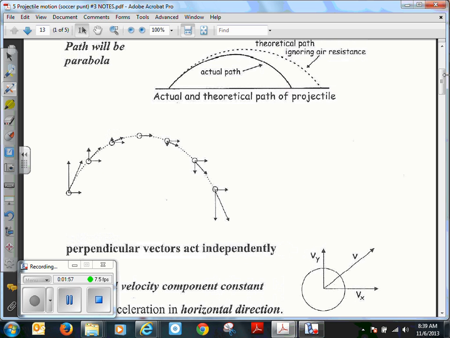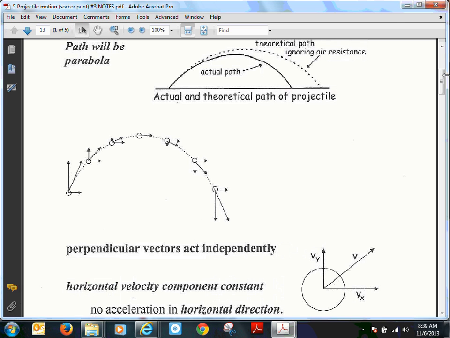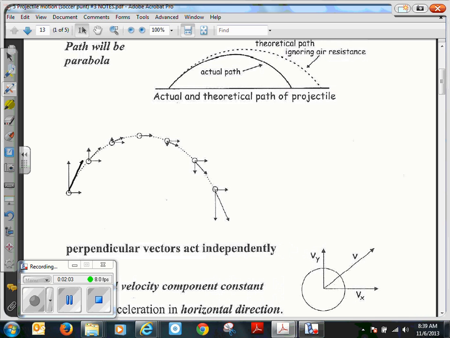Okay, so let's look at this picture here. This is a real important picture. The actual velocity is that guy right there. Let me use a little different color here. Notice, how would you describe the velocity according to the path?